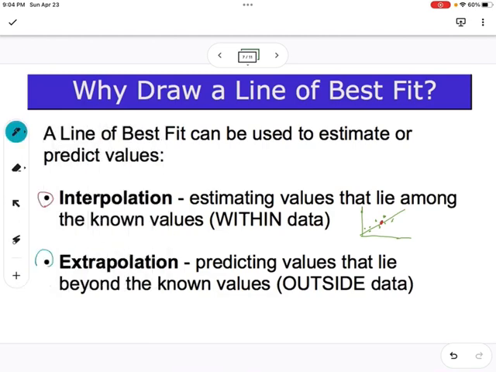Okay, and extrapolation is when it's outside of the data. So if the data is starting here, it needs to be to the left of that, or the data ending here, it needs to be to the right of that. So it could be a point over here because it's outside of the data set.